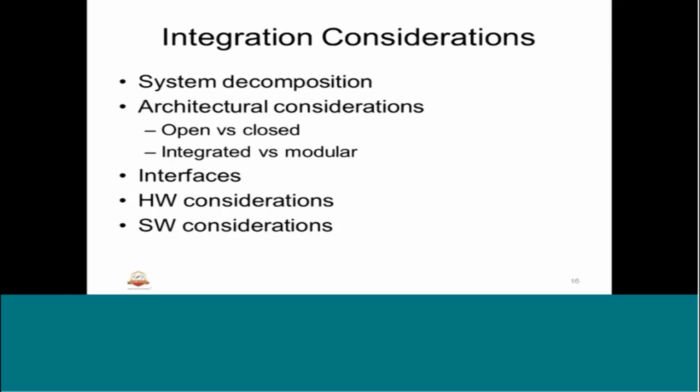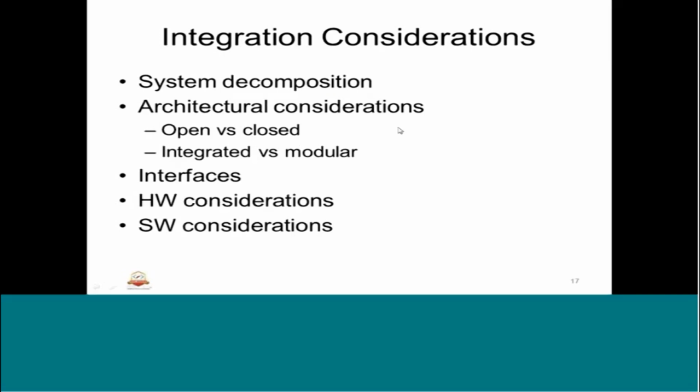Okay. So integration considerations. What are the aspects that we need to consider for integration? System decomposition, how the system is decomposed. Basically, this is drawn from the design or the architecture. It could be higher level architecture or low level design. Then we need to have architectural considerations in terms of open or closed.